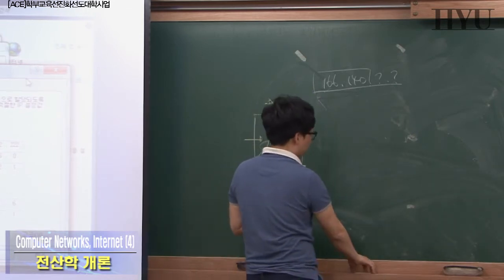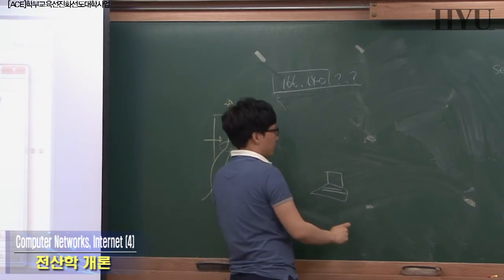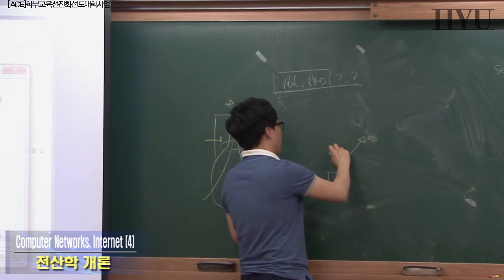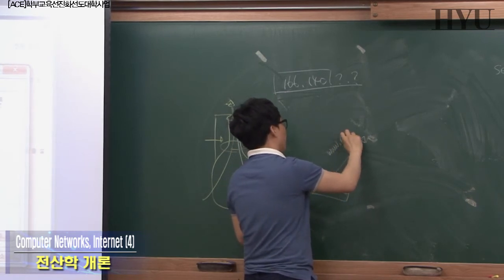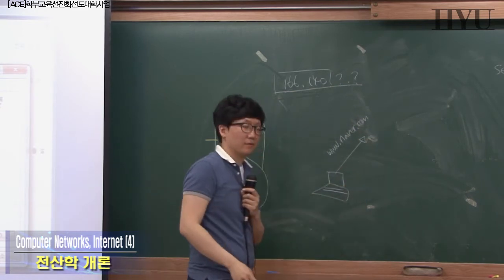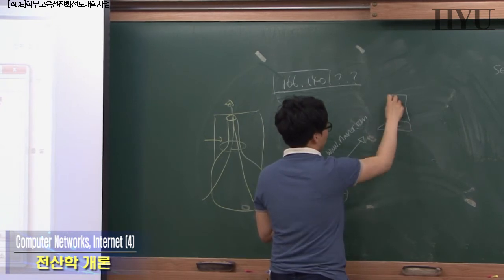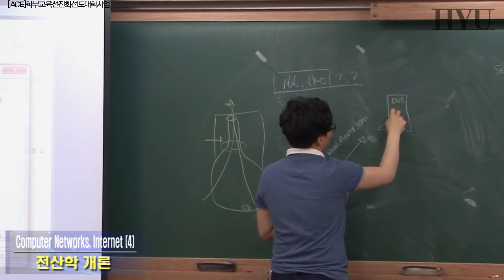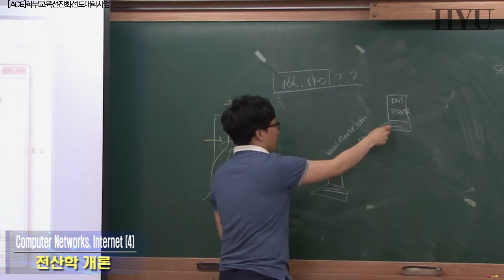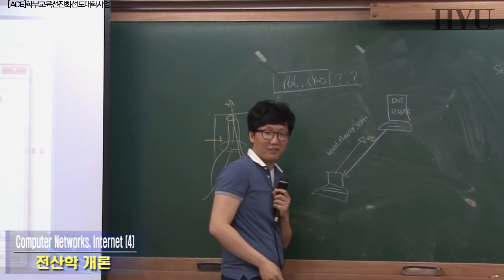It looks simply like this. Your computer, when you try to go to www.naver.com, talks to the DNS server. This one gives you the IP address of the naver.com server.